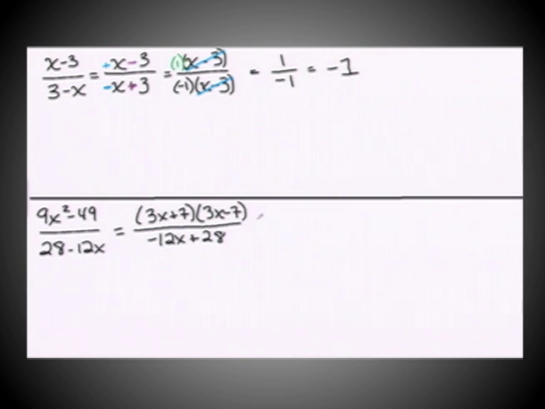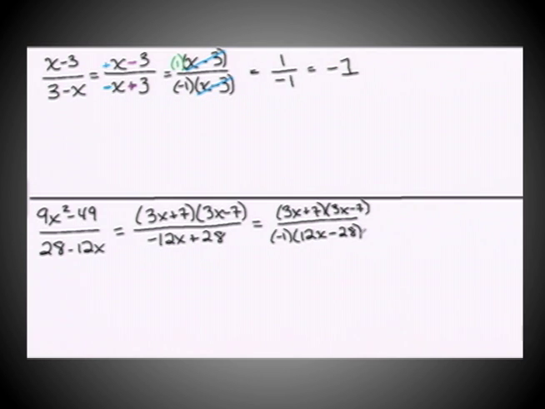Now I want to go ahead and factor the negative out of the opposite factor because I don't like to have that leading negative term. So I'm just going to rewrite my numerator, 3x plus 7 times 3x minus 7, and go ahead and factor that negative 1 out of the denominator, and that leaves me with positive 12x minus 28.